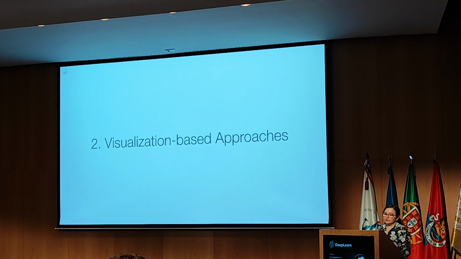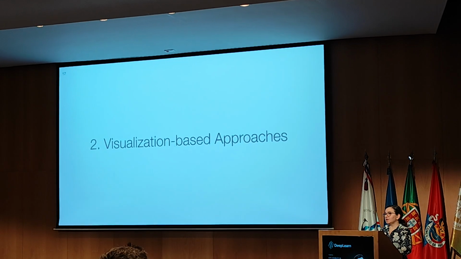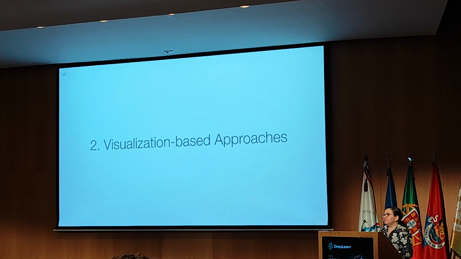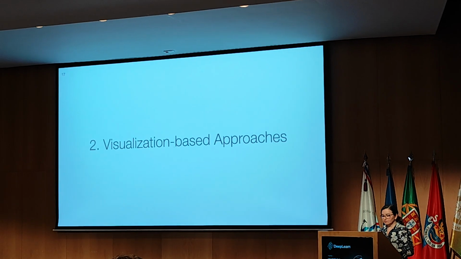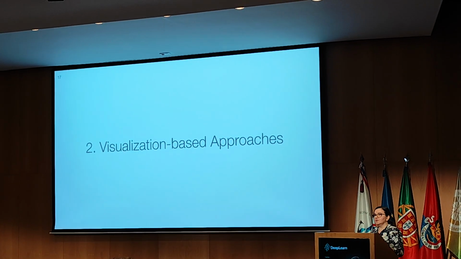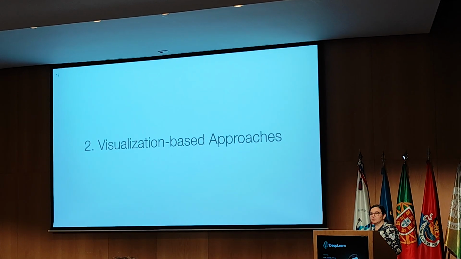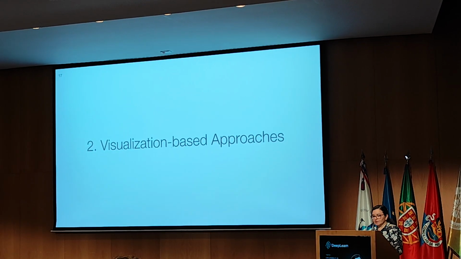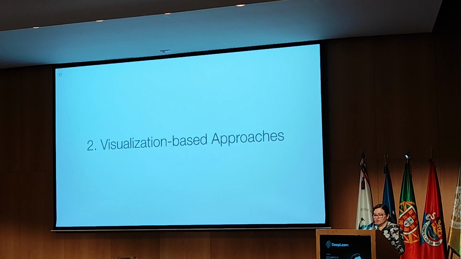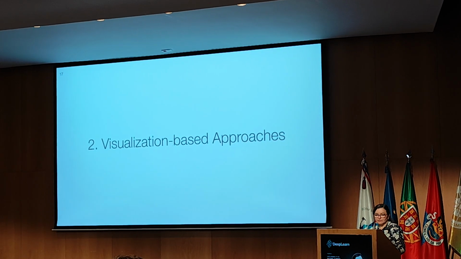So now we show a bit of the visualization-based approaches. There's nothing very fancy here, except just using some sort of t-SNE plots, clustering, or seeing where your neural network is looking at, what's important in your state.